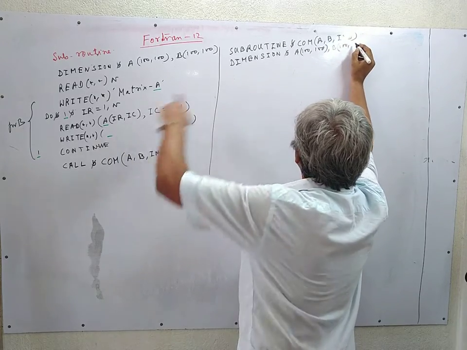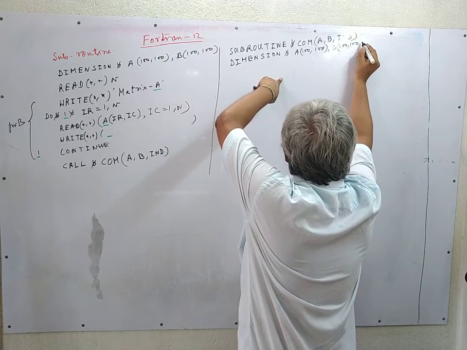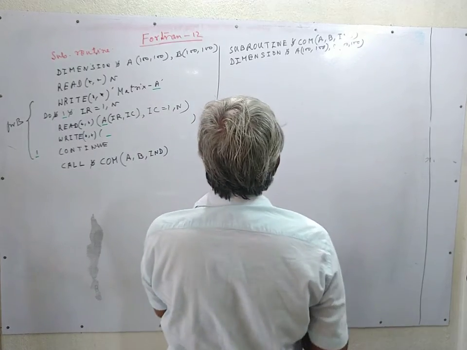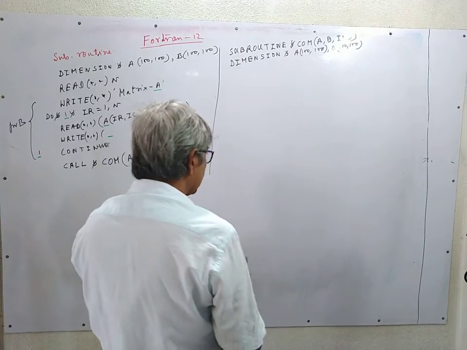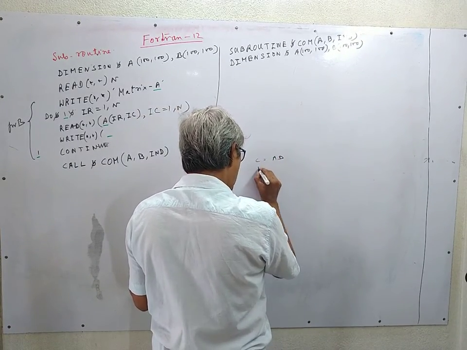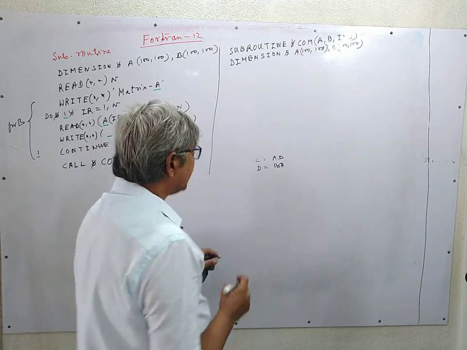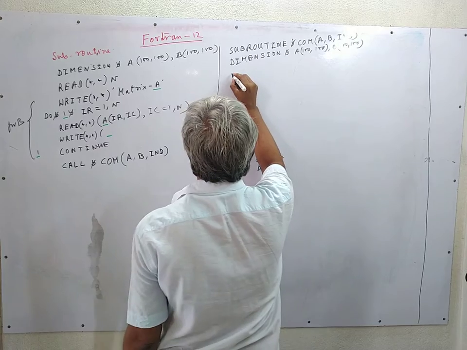This is customary because the calling main program has this dimension. Apart from this, I will need another dimension. We define C matrix is equal to AB matrix and D matrix is equal to BA matrix. So these two dimensions have to be so.